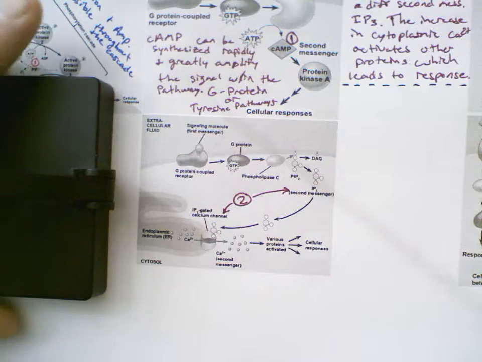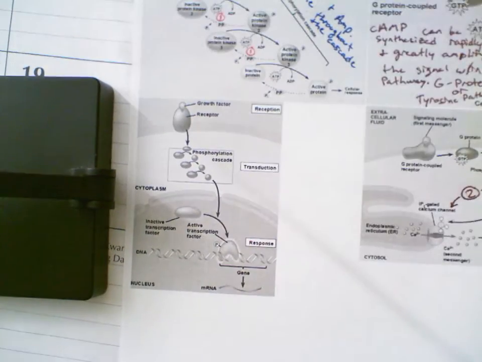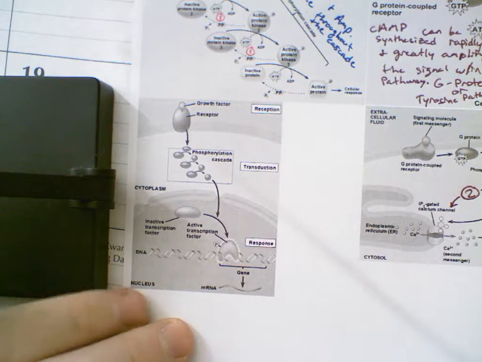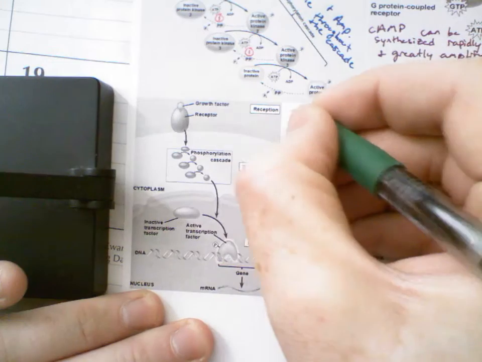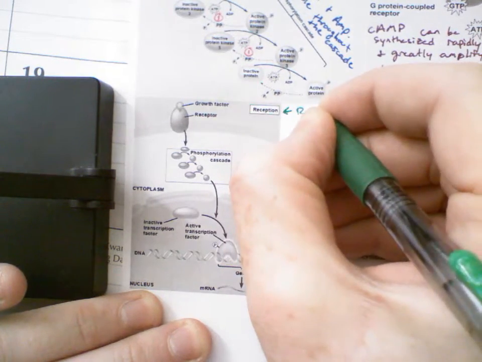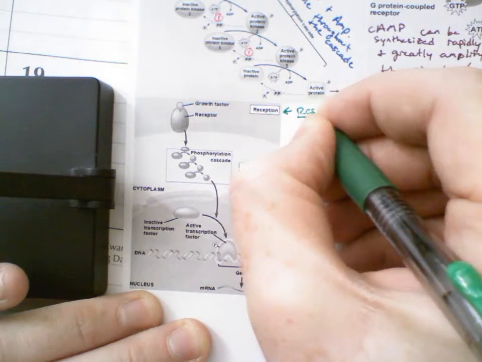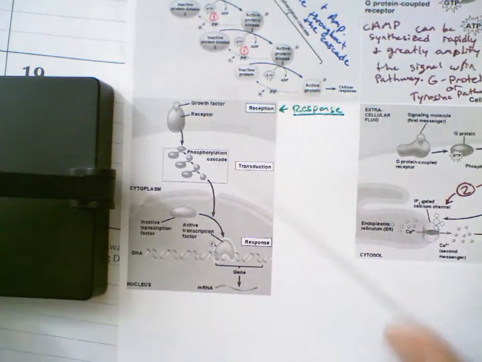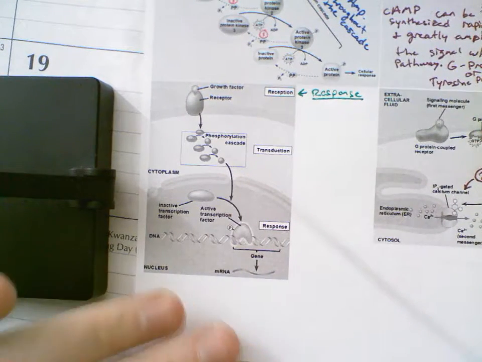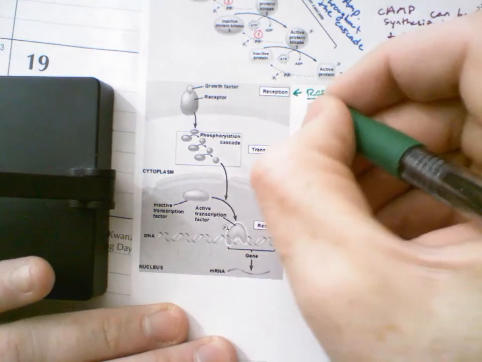Okay. Let's move here to the response section. We are nearing the end. That was the bulk. So the response diagram is here to the left. Okay, so at the end of these pathways, we're going to generate some sort of specific response.